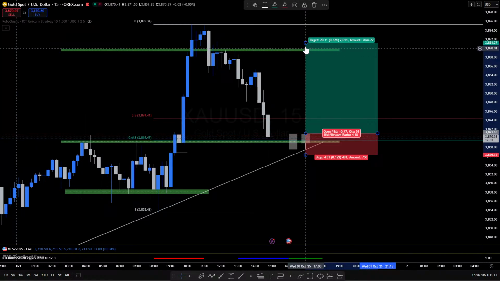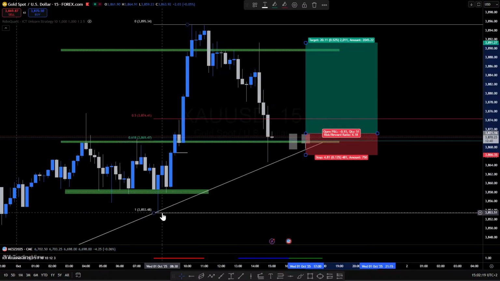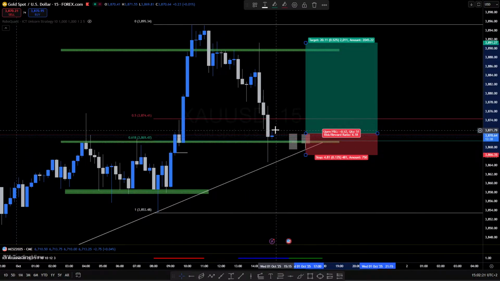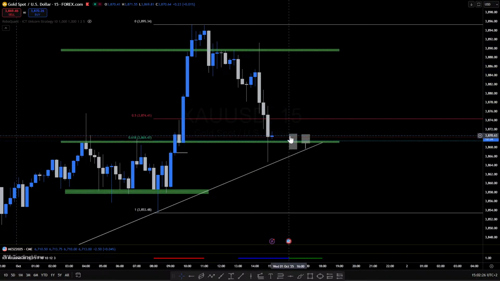This wick around here, I'm open for buys, open for sales if this candle comes around right here. It closes down, we go for this wick. Let me just show you how it looks.